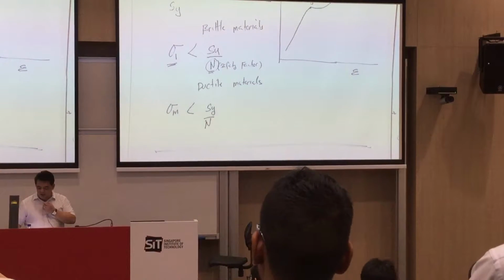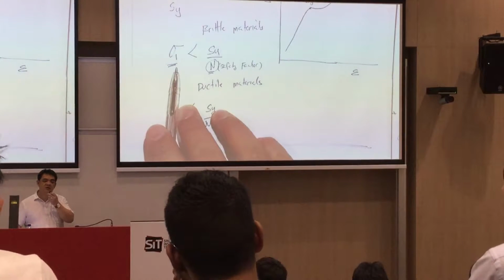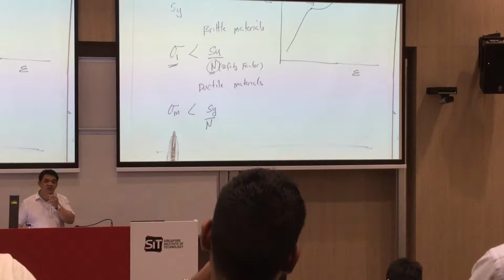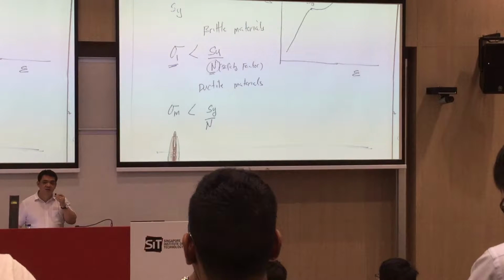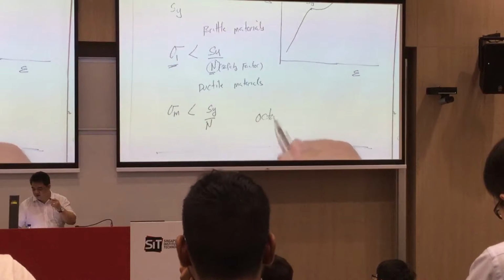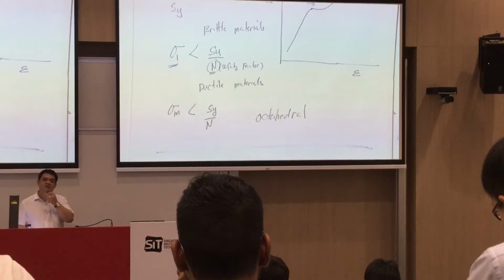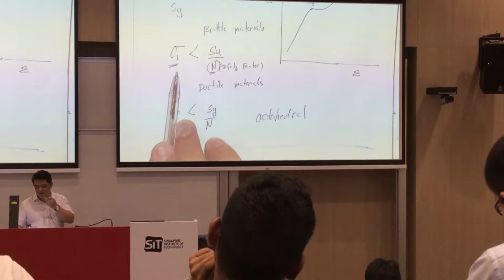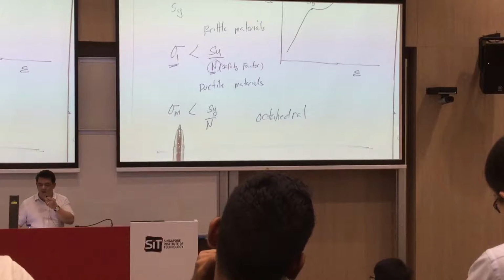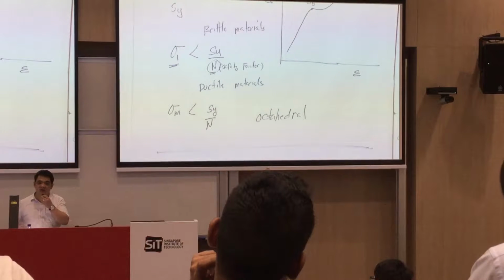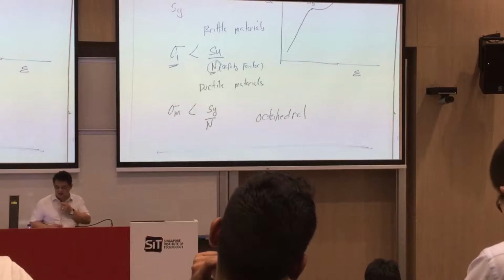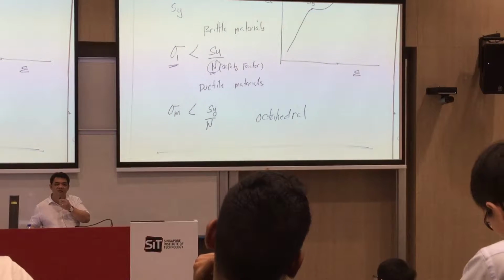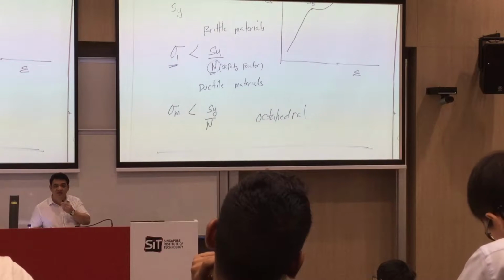So this one is the principal stress, or the maximum stress criteria, and this one is the octahedral or shear stress criteria. So these are the two failure criteria. Are there any more? Well, there's a lot really.